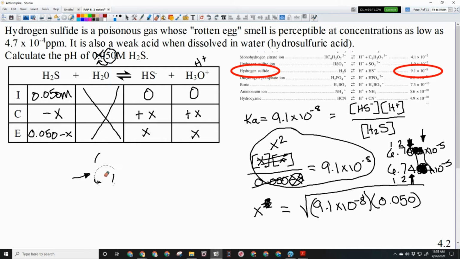Okay, all right, so we just solved for x. X is, and let me go ahead and write this down here since I've got this all messy, X is equal to 6.74 times 10 to the negative fifth. All right, so now let me go ahead and erase a lot of this over here.